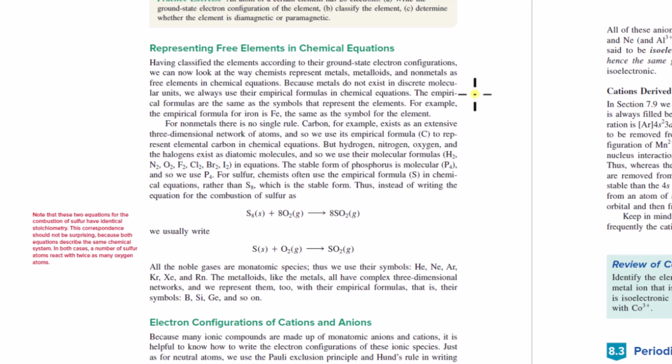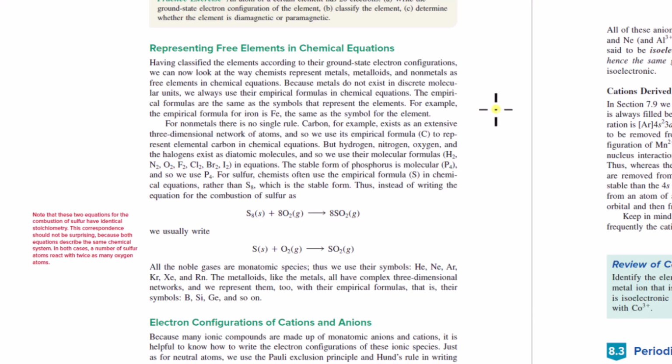And so the idea is if you're in a scenario where at some temperature and pressure the most common elemental form of oxygen gas is, say, O3, then you would put O3. But at room temperature and pressure, or normal temperatures and pressures on Earth, the most common elemental form of oxygen is O2, so you put O2.